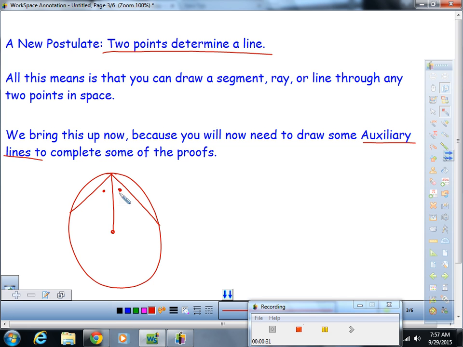The only way you could do that would be to draw some auxiliary lines. With those lines included, you could say that all radii were congruent, and that those triangles are congruent by side, side, side. So that's the point of drawing auxiliary lines. And again, you'll see that in the next few examples.